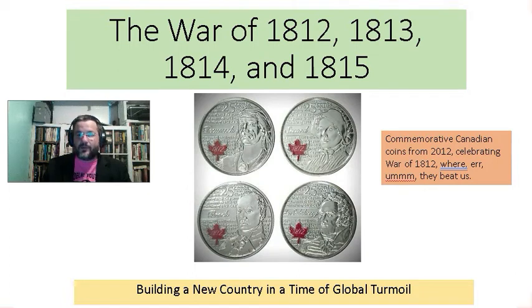The conservative Harper government did, and what was funny is that many Canadians were like, "Whoa, why are we making a big deal out of this? We really don't need to be doing this. What are you trying to rub it in the face of the Americans or something?" But the coins are available. Who knows? Maybe some of you have them.